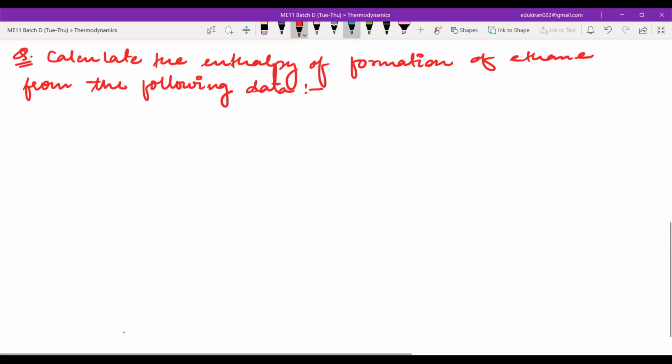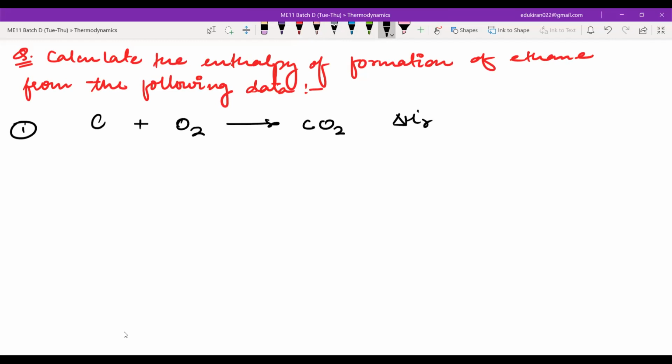You have some reactions given. Carbon plus O2 will give me CO2, and all of these are gases. The enthalpy of this reaction is equal to minus 393.5 kilojoule per mole. Please write this question with me.